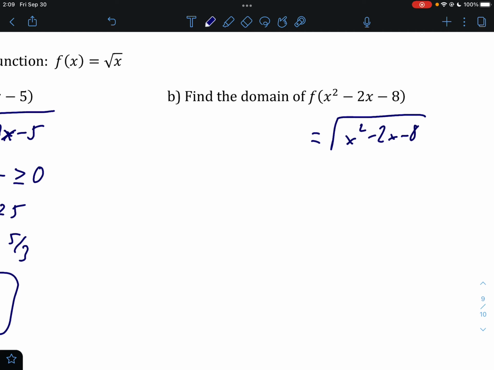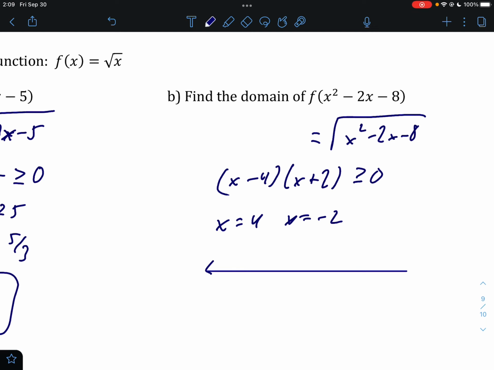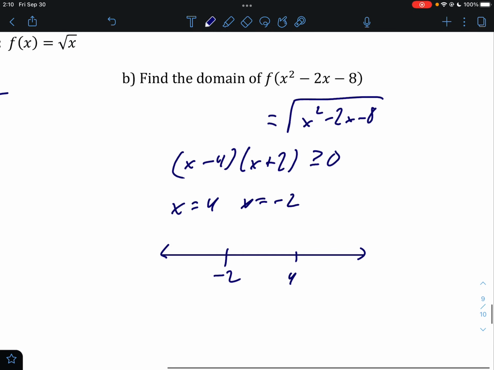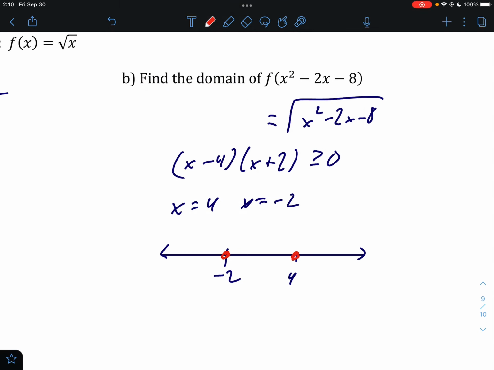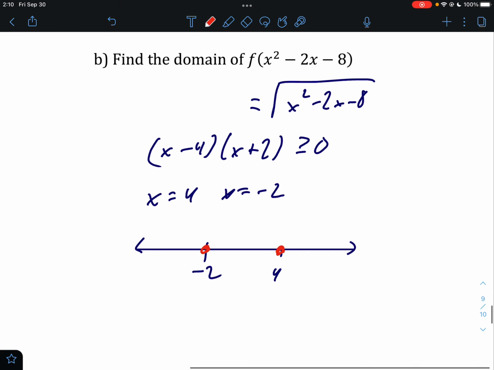All right, so we want that, I'm going to put it in factored form here, to be greater than or equal to 0. So our critical points are 4 and -2. Closed circles, because that'll make it equal 0, and we can take the root of 0, right?